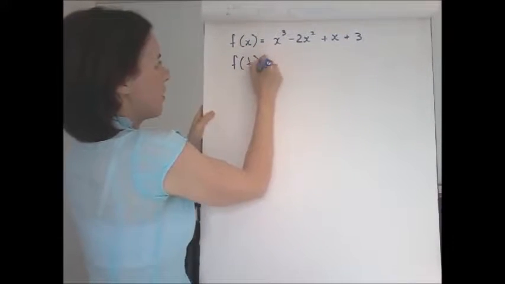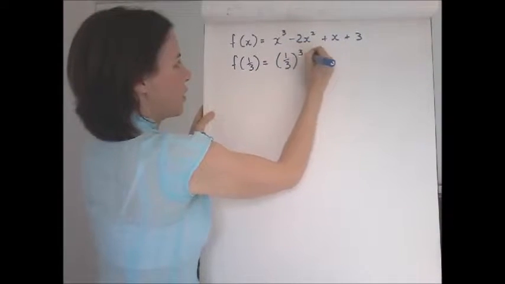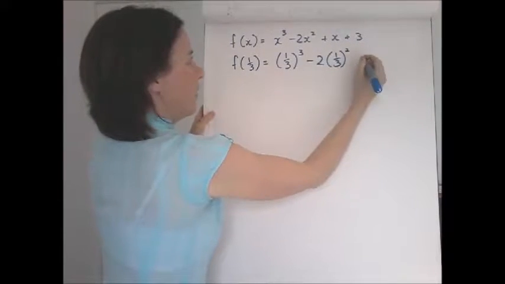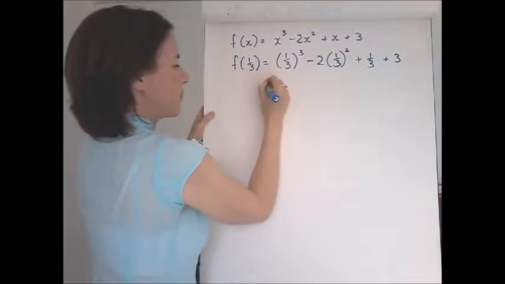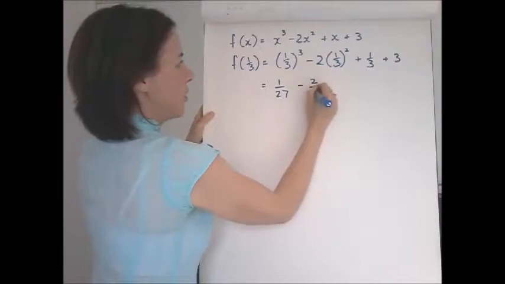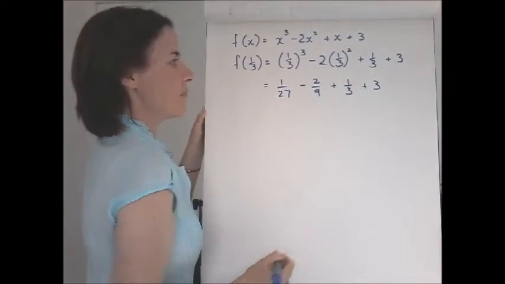So substitute 1/3 into the equation. 1/3 cubed minus 2 times 1/3 squared plus 1/3 plus 3. We've got 1 over 27 minus 2 over 9 plus 1/3 plus 3.